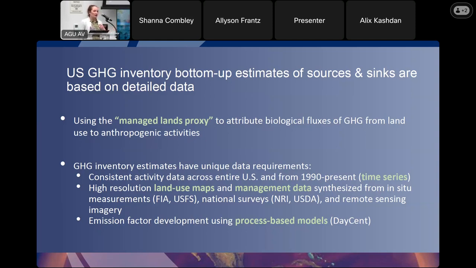These are on-the-ground measurements prepared by the Forest Service through the Forest Inventory and Analysis (FIA) program, as well as national surveys through the USDA and other remote sensing imagery. We combine all of this together to build these activity data databases and then apply emission factors, meaning the emissions and removals occurring per unit land area, using process-based models like DayCent, for example. Next slide, please.